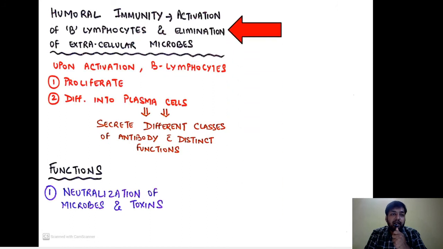Again, upon activation, the B lymphocytes are going to proliferate, means they are going to increase the number, plus they are going to differentiate into plasma cells, which are going to secrete different classes of antibody, and each class is having a distinct function. So let us see what the functions of the B lymphocytes are. Number 1, they cause neutralization of microbes and toxins.